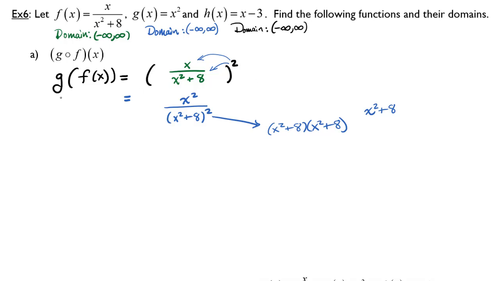So we can say that the domain for g of f of x is negative infinity to infinity. You could also say the notation is all real numbers. This double-lined R is defined as all real numbers.